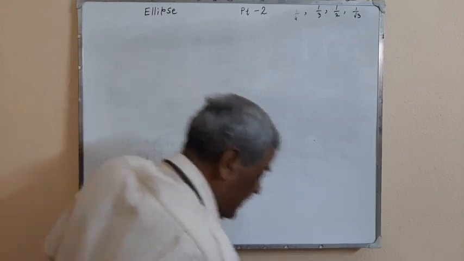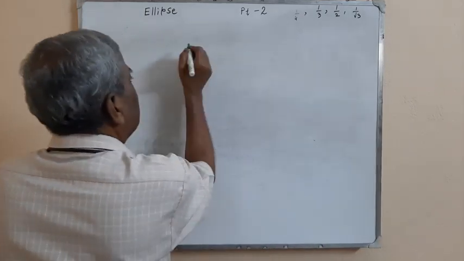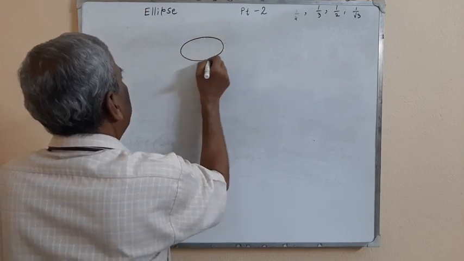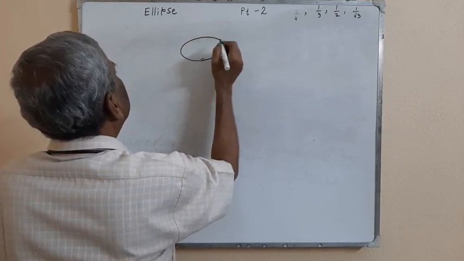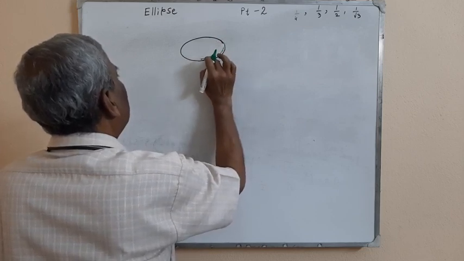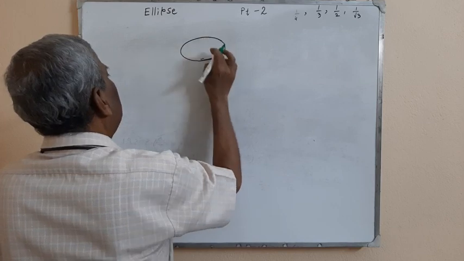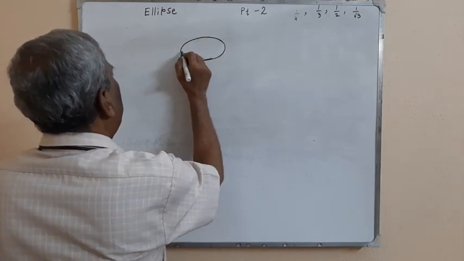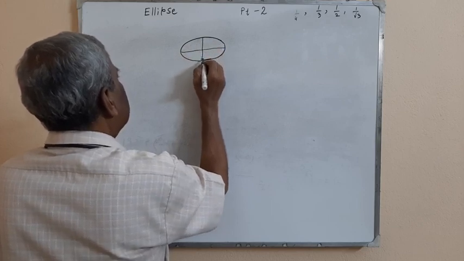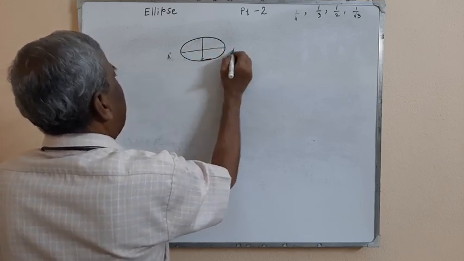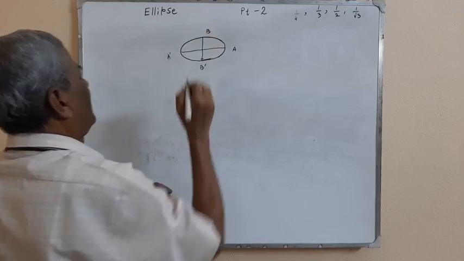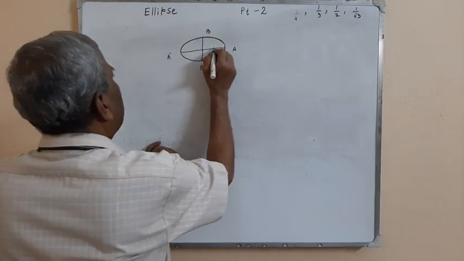So, given that this is an ellipse, with major axis A dashed A and minor axis B dashed B, S and S dashed are the foci.